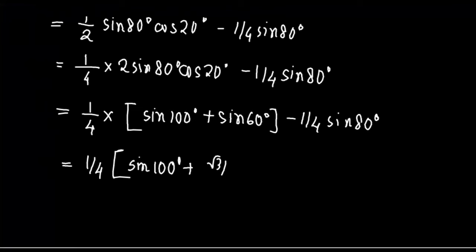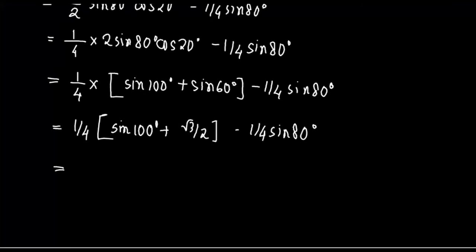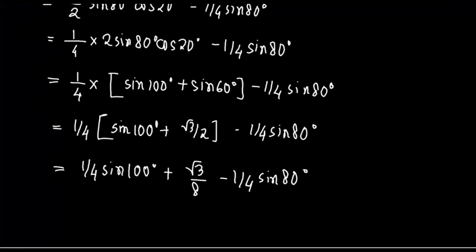It is root 3 by 2, minus 1 by 4 sine 80 degree. Now if I multiply this 1 by 4, plus 1 by 4 sine 100 degree plus root 3 by 8 minus 1 by 4 sine 80.